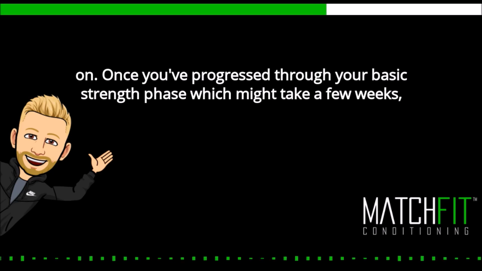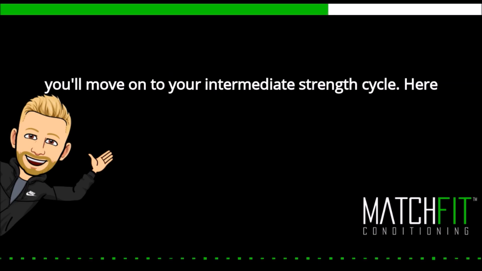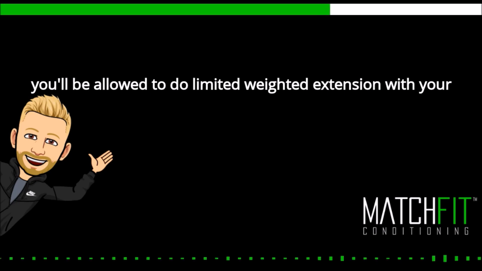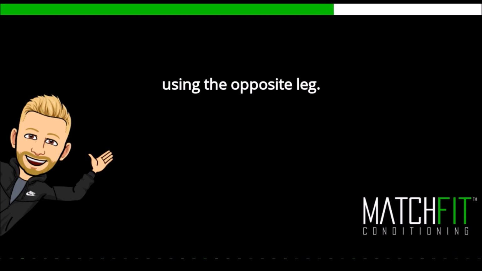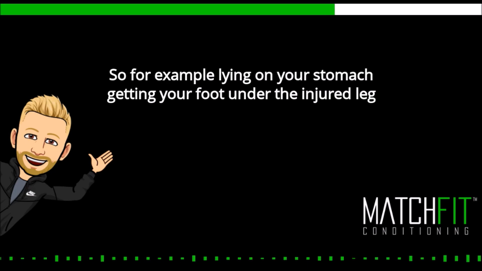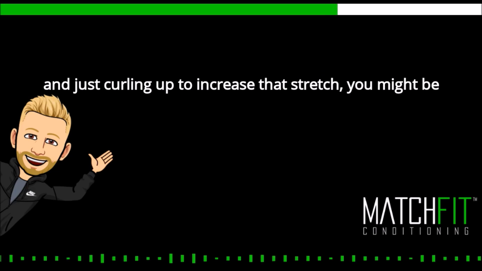Once you've progressed through your basic strength phase, which might take a few weeks, you'll move on to your intermediate strength cycle. Here you'll be allowed to do limited weighted extension with your leg and with the knee. You'll focus a lot on stretching of the quad, using your opposite leg. For example, lying on your stomach, getting your foot under the injured leg and just curling up to increase that stretch.